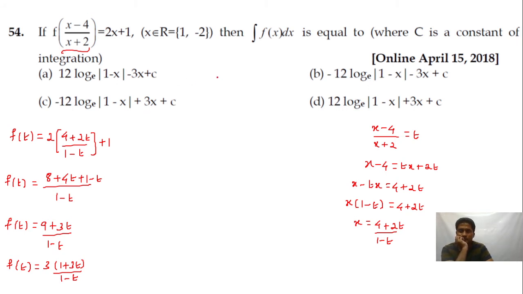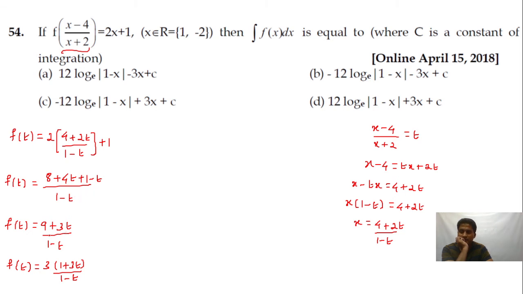(x minus 4) by (x plus 2) is equal to t. I cross multiply, you get tx plus 2t. x is equal to (4 plus 2t) divided by (1 minus t), plus 1. So this is 8 plus 4t plus 1 minus t. So 9 plus 3t.